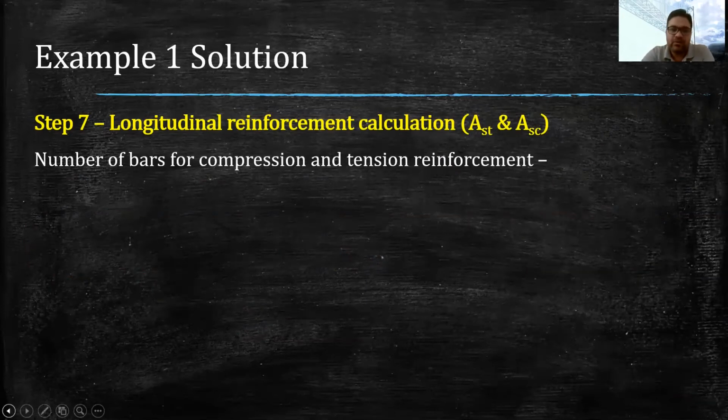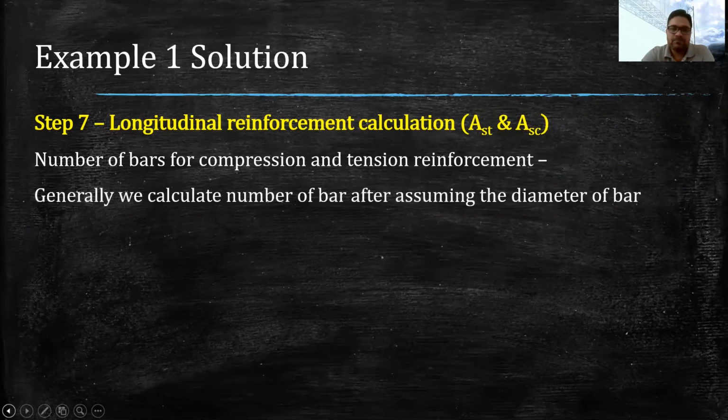While calculating the number of bars, we need to take care of a few things. Basically, we calculate the number of bars after assuming the diameter of the bar. In case of tension reinforcement, we have already assumed the diameter of the bar in step 2 while calculating the effective cover.